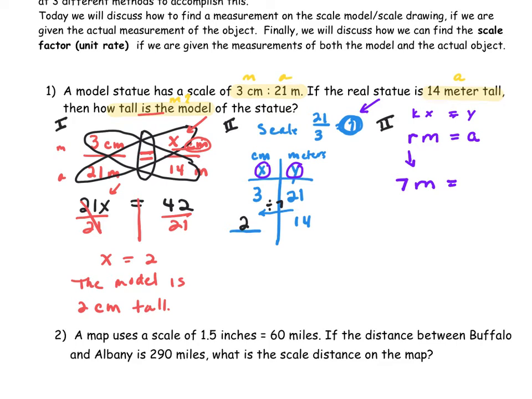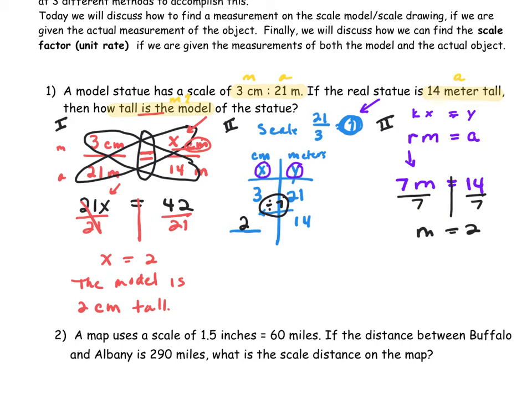So now I realize I have to solve it. I'm going to divide both sides by 7, and I get M equals 2.